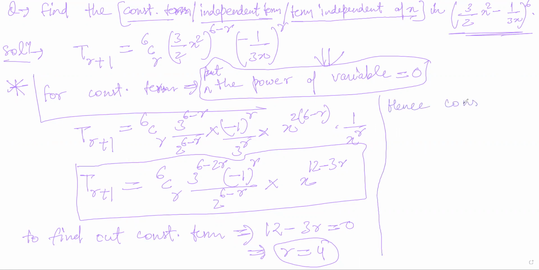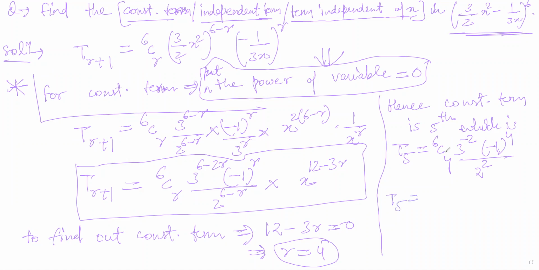Hence, the constant term is the fifth, not the fourth, because when you put r as 4, you will get T5. And what's the value of that constant term? The value will be T5 equals 6C4, 3 to the power 6 minus 2 into 4, which is 8 minus 2, minus 1 to the power 4 divided by 2 to the power 6 minus r, which is 2, into x to the power 0, which will be 1.